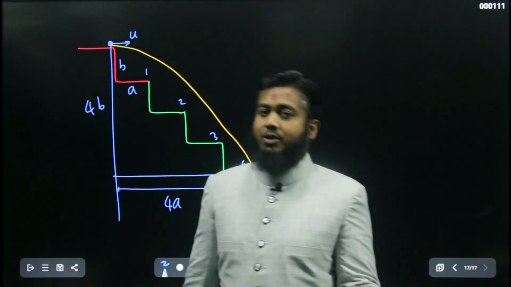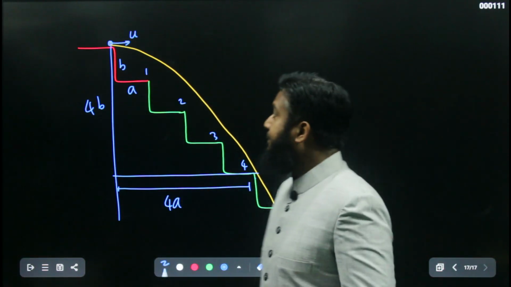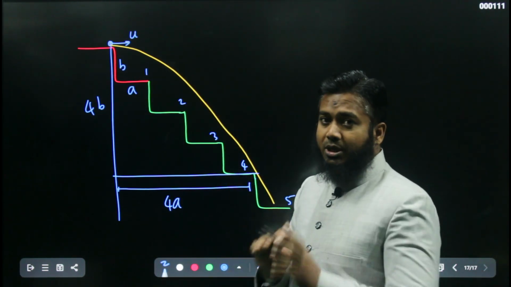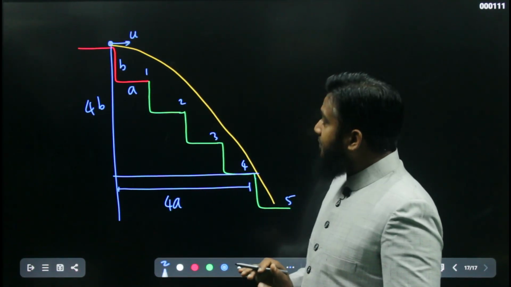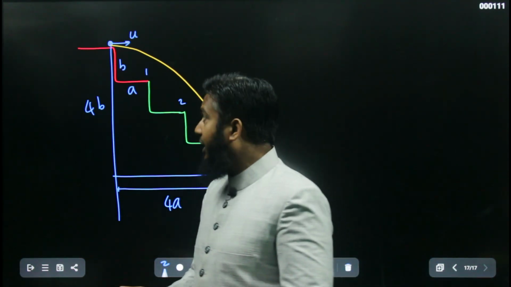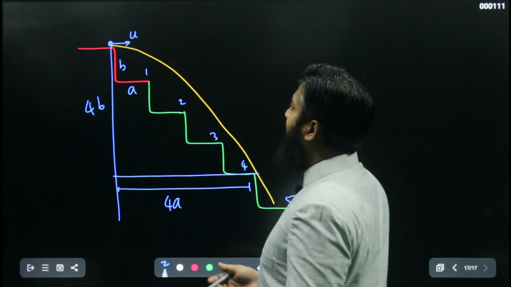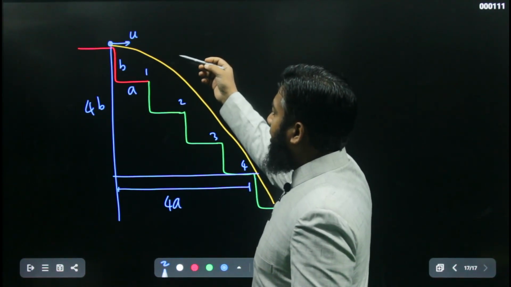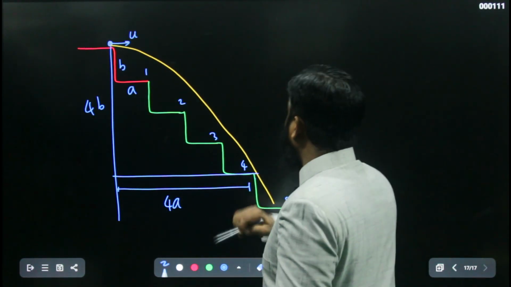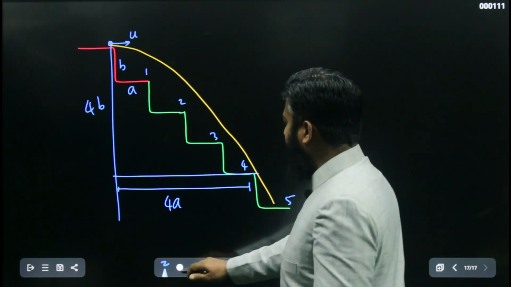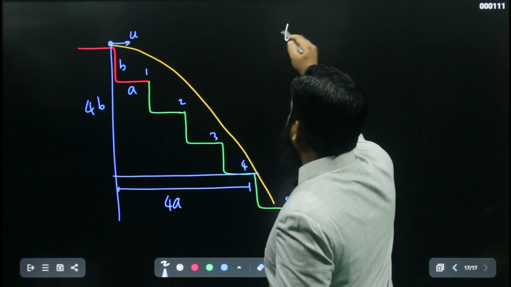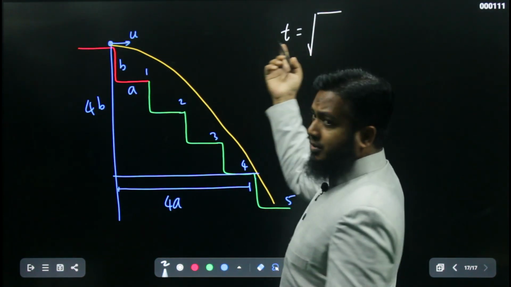So this is nothing but the case of horizontal projection. We have studied horizontal projection in the previous segment. Initial velocity is totally horizontal, and in the horizontal direction acceleration is 0, initially in the vertical direction velocity is 0, so we can find the time it takes to come down the height 4b. We can directly use the standard results starting from 0.